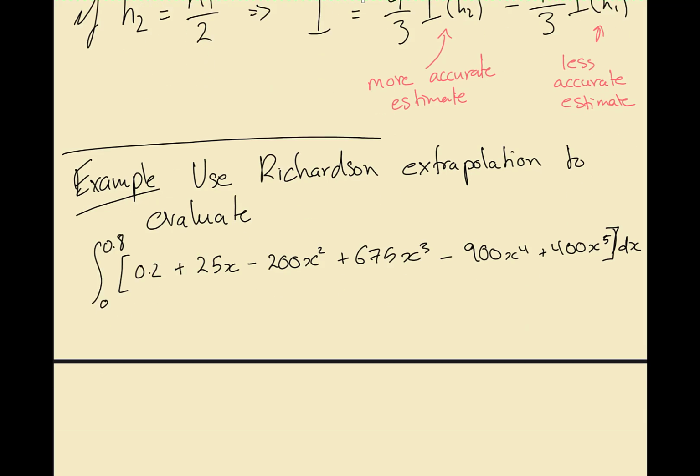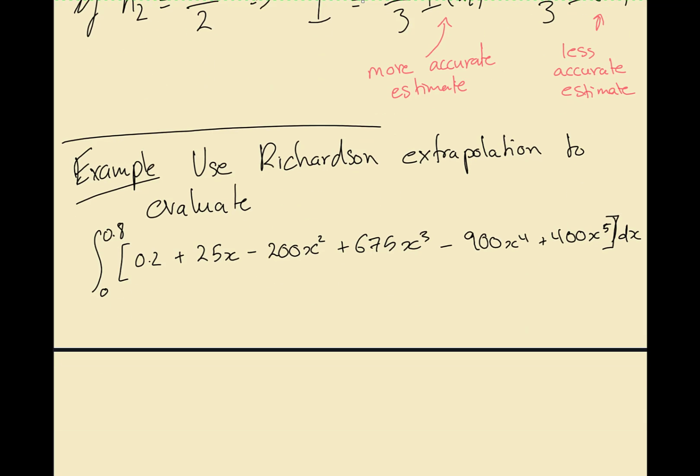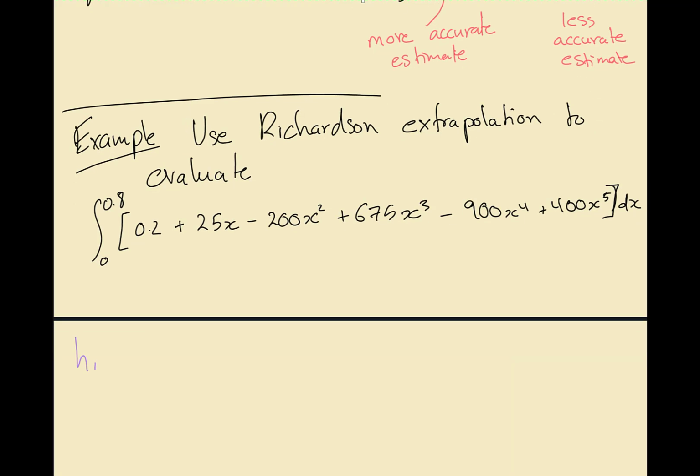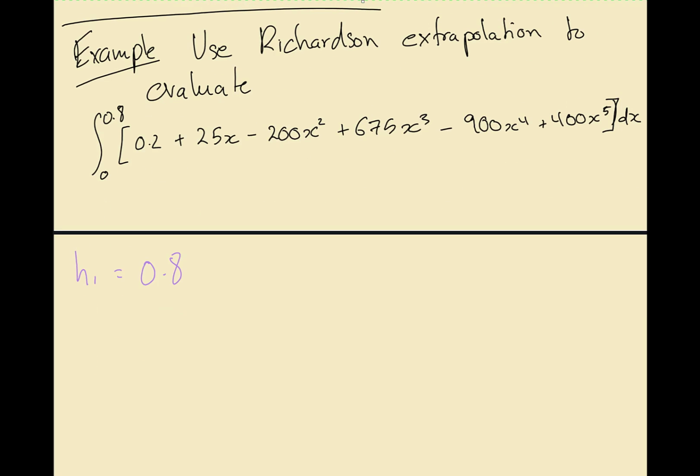All right. So what we're going to do is set up different step sizes. For the first one, we'll do h1 equals 0.8. That would be basically one segment from 0 to 0.8. Then I'm going to take half of that, so h2 is going to equal 0.4.